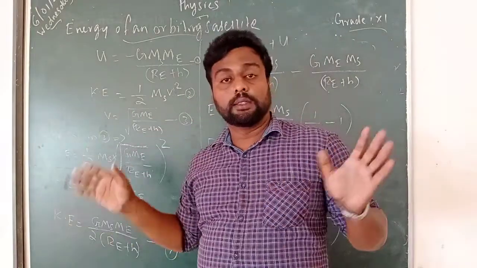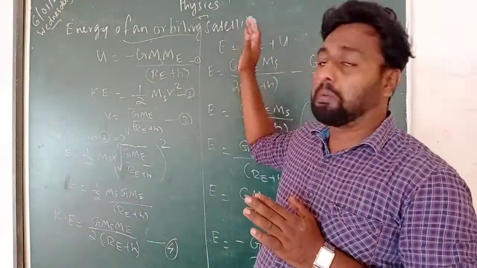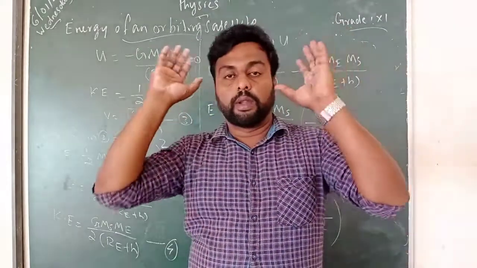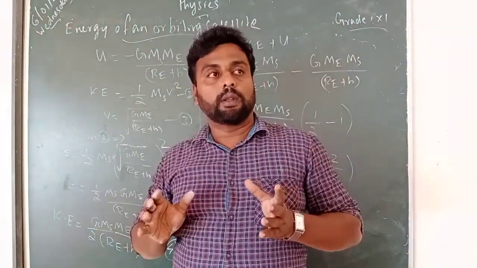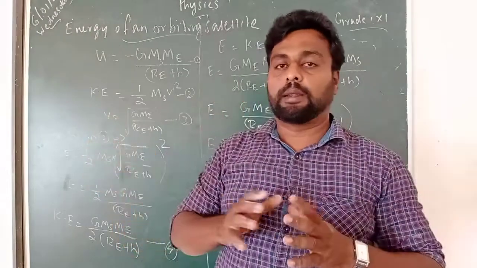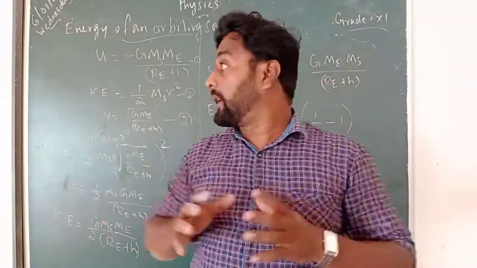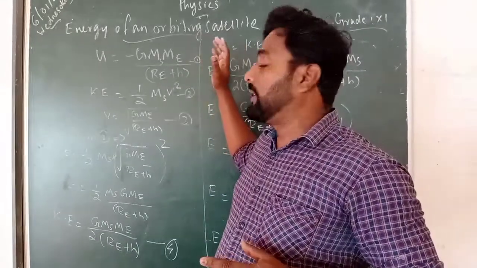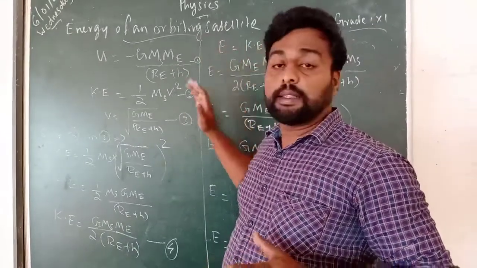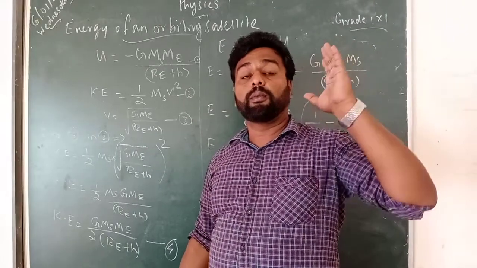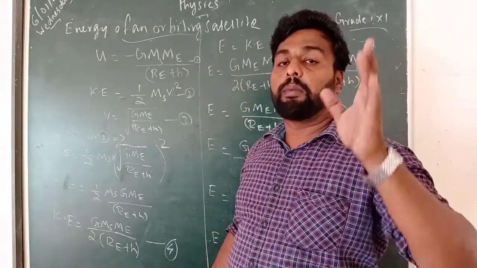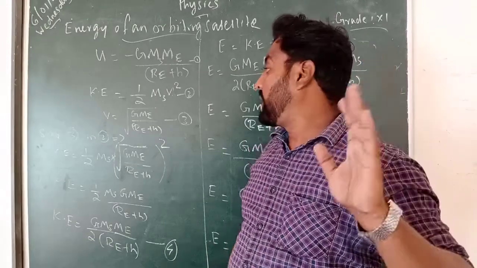Energy of an orbiting satellite, just remember, go through this. When a satellite is revolving around the Earth, it possesses gravitational potential energy and kinetic energy. The gravitational potential energy is minus G Ms Me by R plus H, and the kinetic energy is half mv squared. Here Ms and Me are the mass of the satellite and the mass of the Earth.